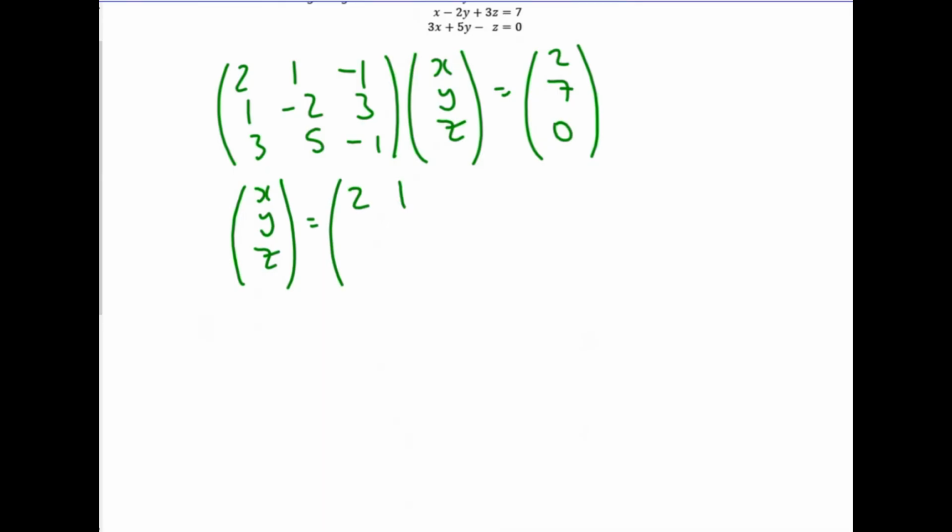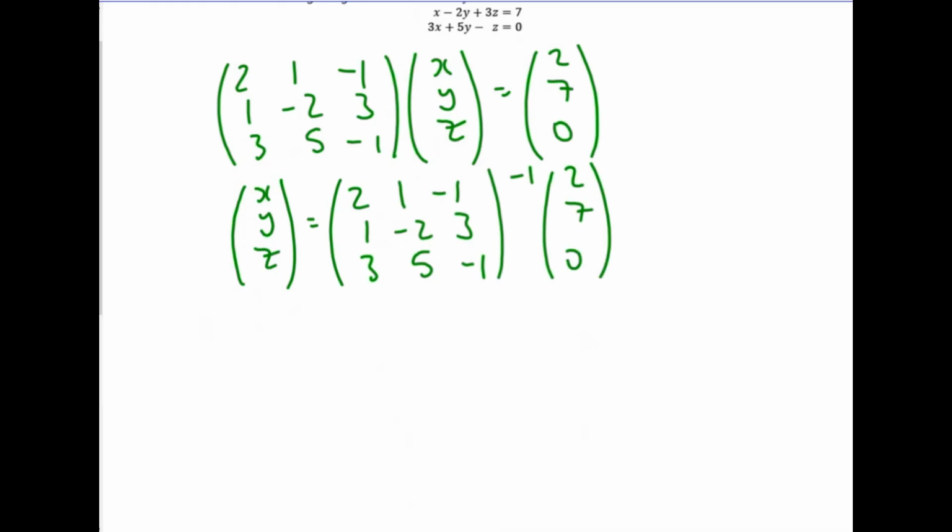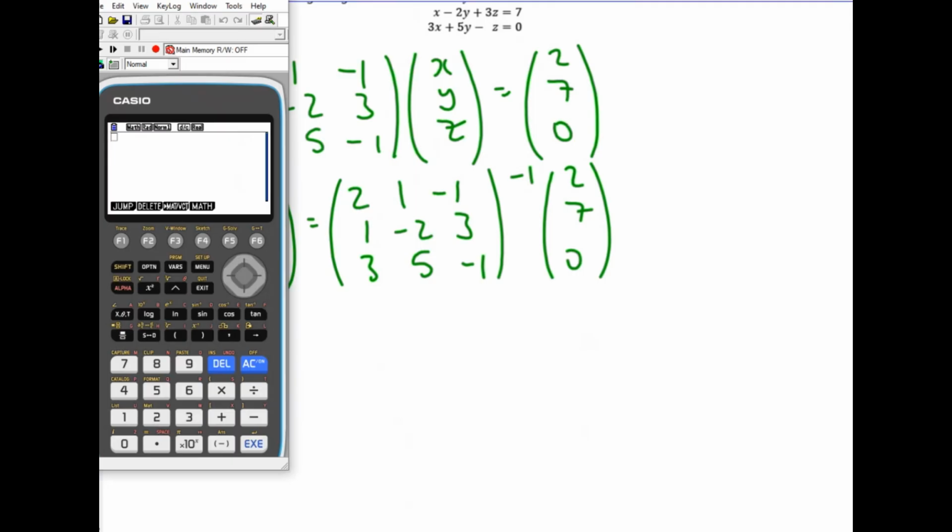I'm not going to calculate this because it's a purely numerical matrix. All I'm going to write down is the matrix to the minus 1 times by 270, and then this is the calculation that I'm going to do in my calculator. So F4 for math, F1 for math vector, putting in a 3 by 3.